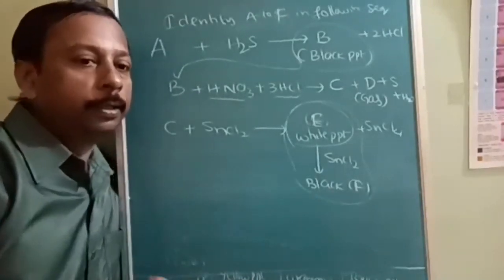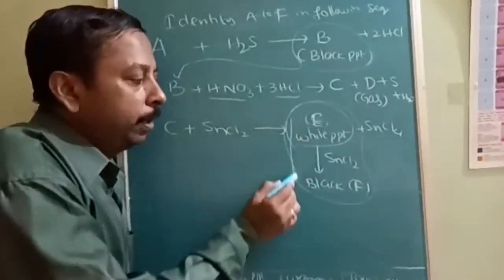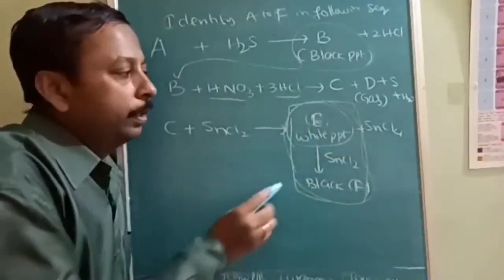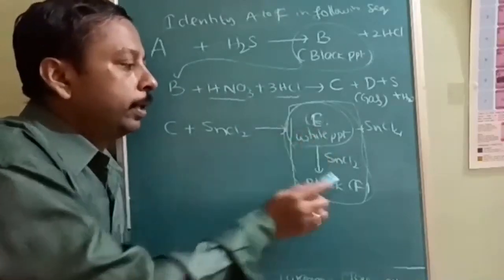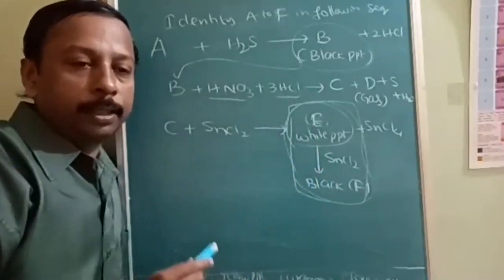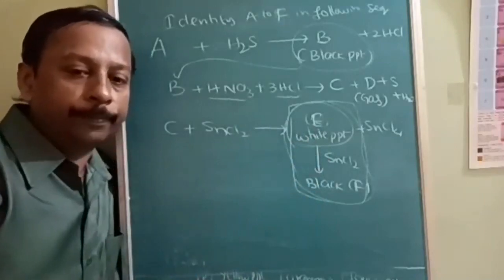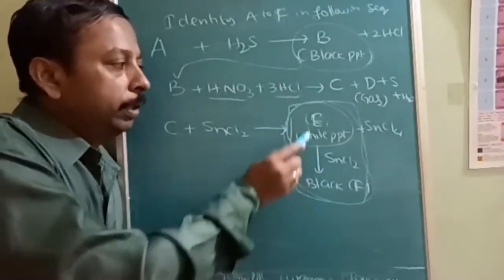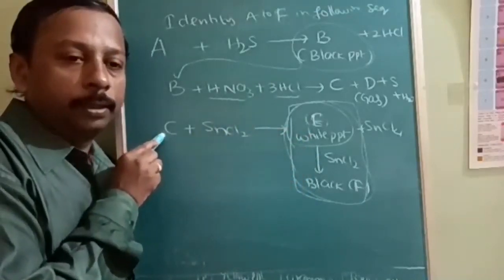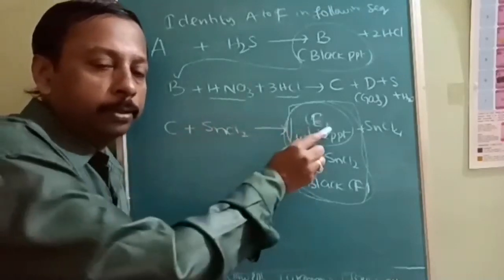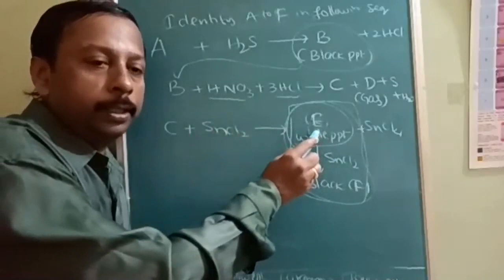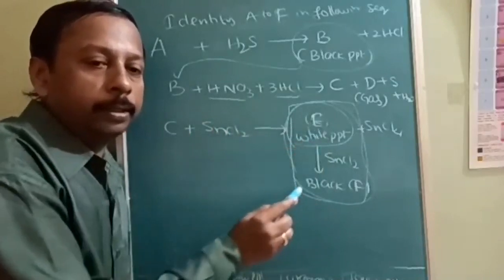Here is the most important part of the sequence, which needs observation. If anything is converted due to reduction and finally we get a black substance, that black substance will be mercury. So this is mercuric chloride, mercurous chloride and mercury: HgCl2, Hg2Cl2 and Hg. Understood?